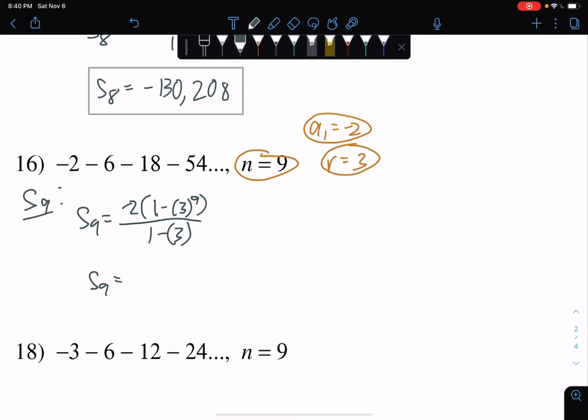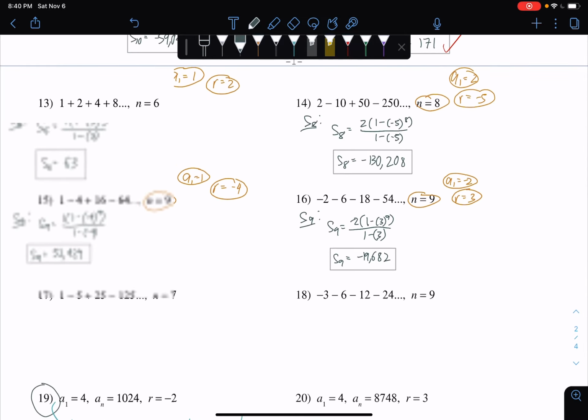S sub 9 is equal to negative 19,682. Alright, let's move to number 17.